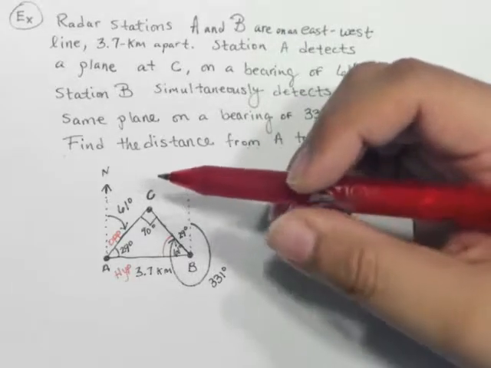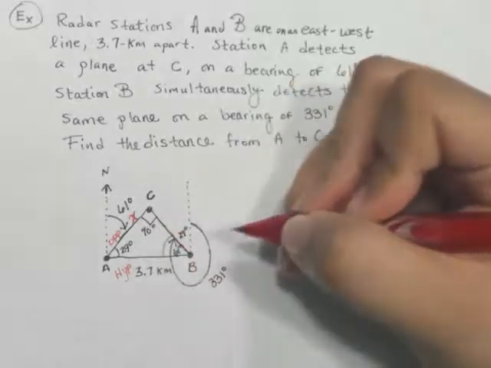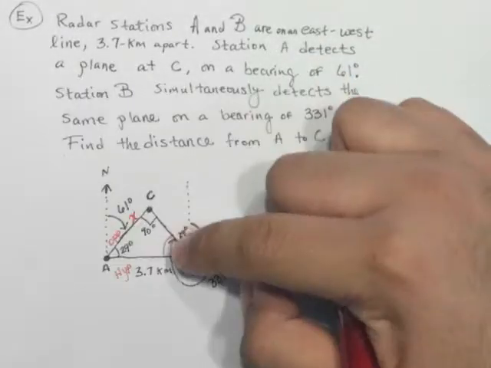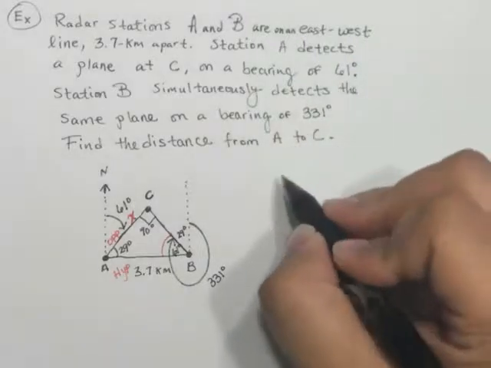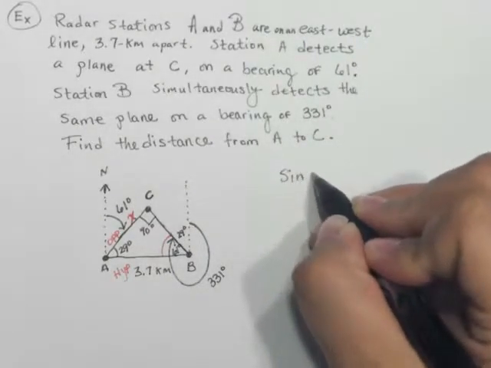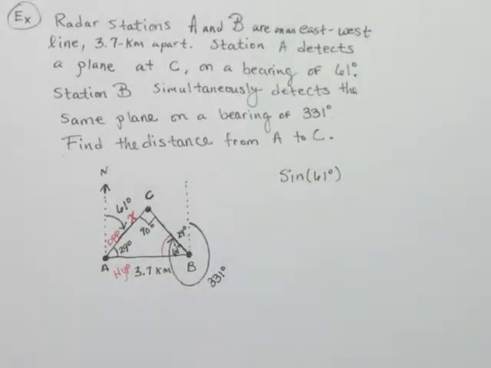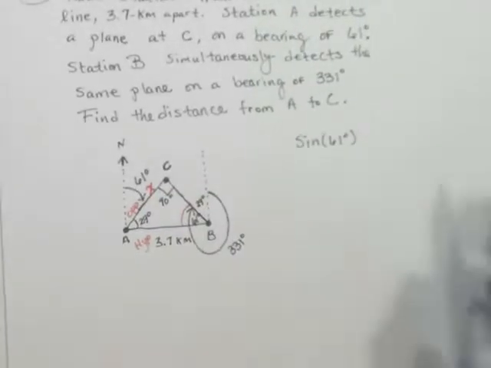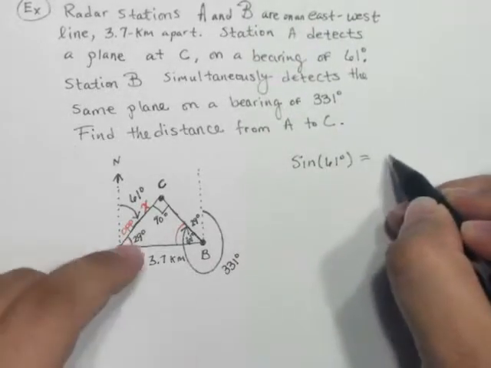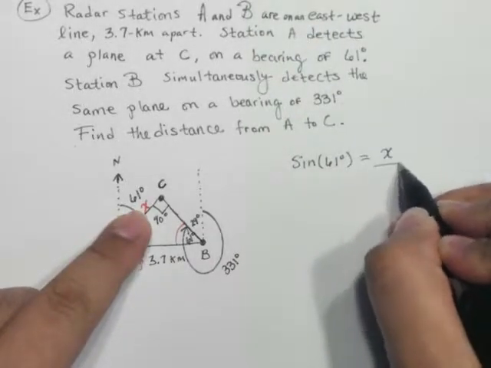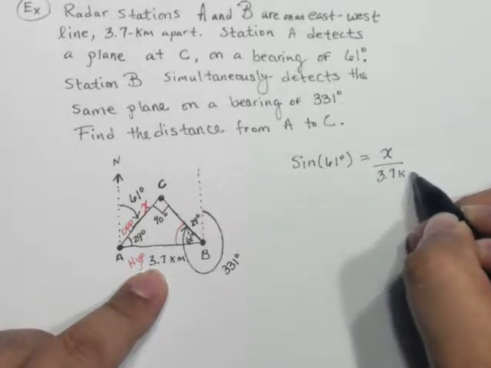SOHCAHTOA. I'm going to solve for x. Let's give this a variable named x. SOHCAHTOA, the opposite and the hypotenuse. That means we have a case for the sine. So the sine of 61 degrees equals the opposite, which we called x, over the hypotenuse, which we're going to call 3.7 kilometers.